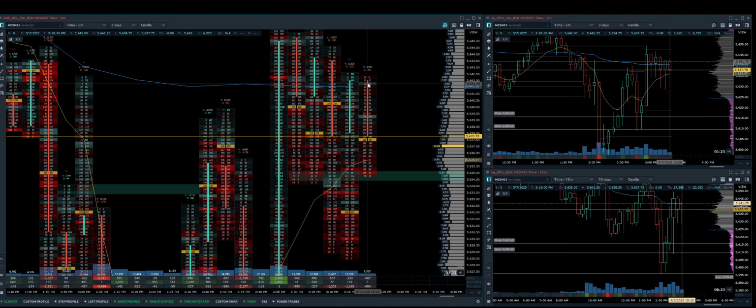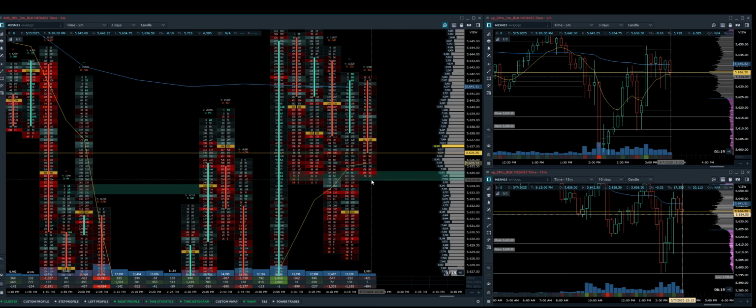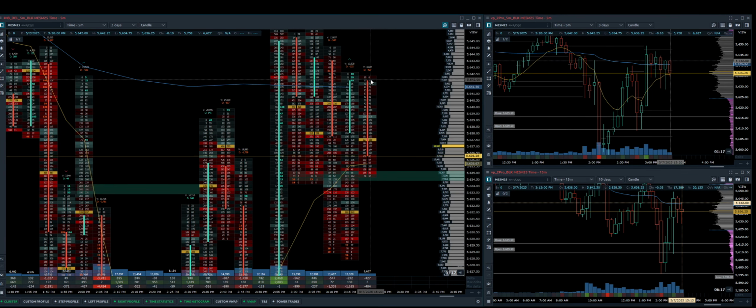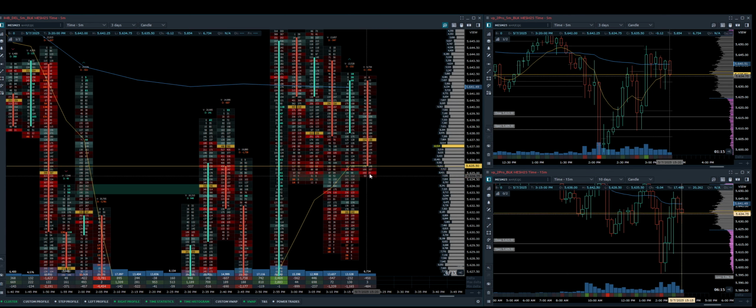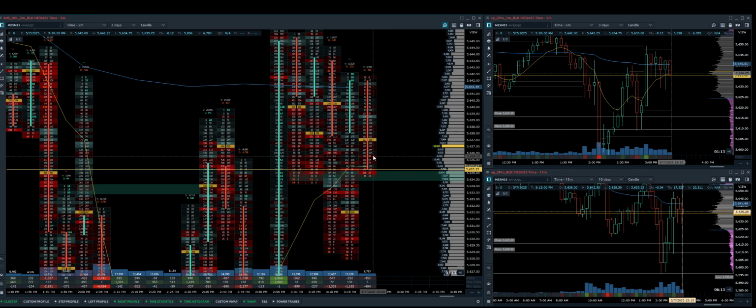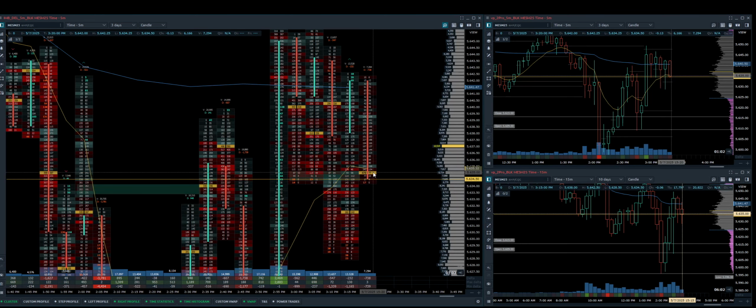This is volume traded on both sides. And I have each one shaded in a shade of green, and that's delta. And what delta in footprint order flow means is aggression.